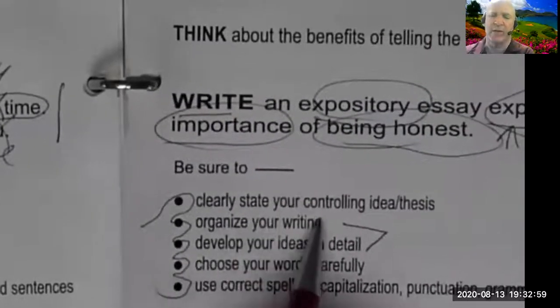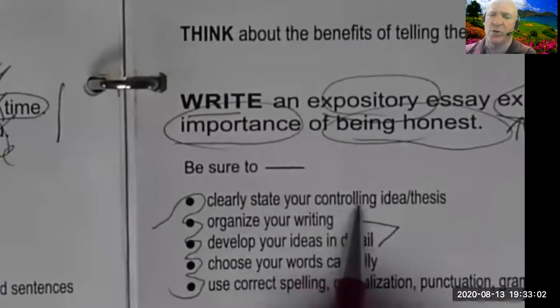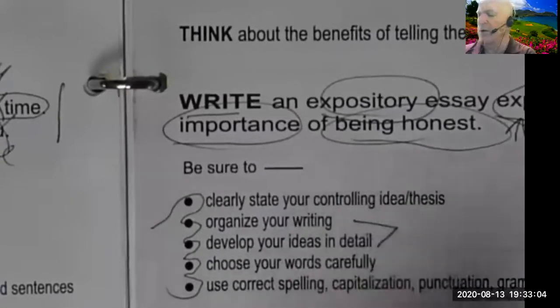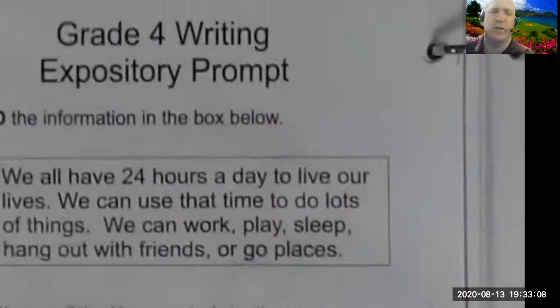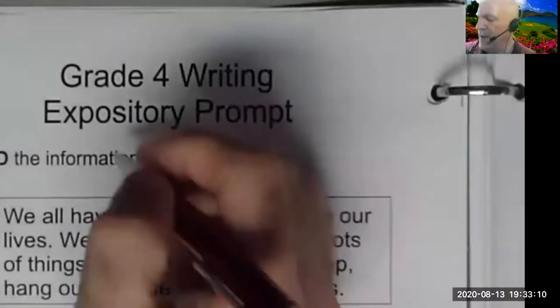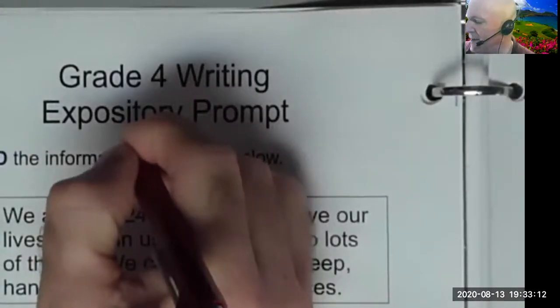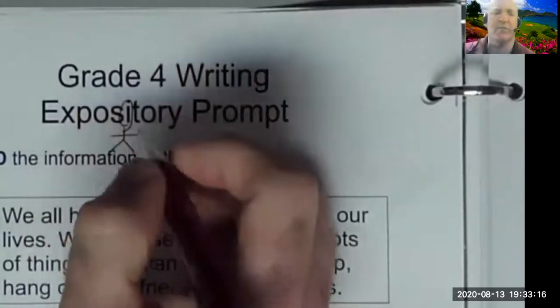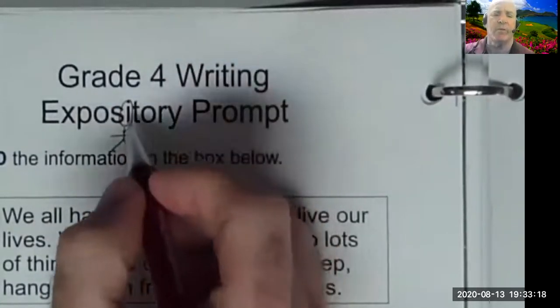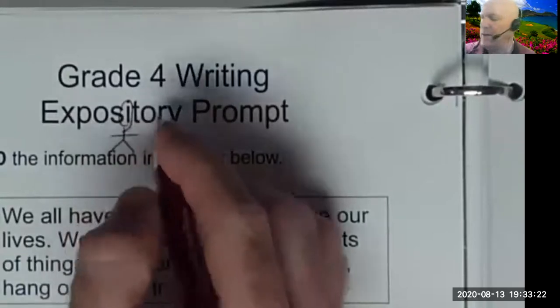In 7th and 9th grade, it's going to say clearly state your controlling idea and your thesis. So may the ones be with you. I want you to take a look on top. The word expository has 1 I in it. Okay, so I'm going to make a little stick man and pretend like we're pirates. I need 1 idea.